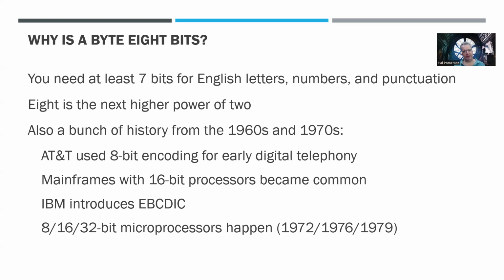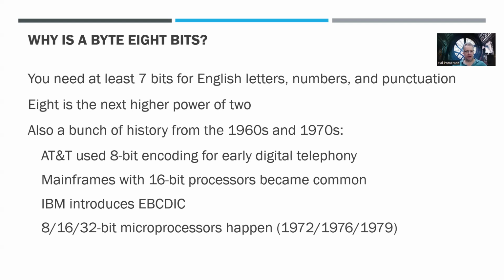The other thing that happened in the 1960s is that mainframes, 16-bit mainframes became very common. IBM, DEC, all of these different mainframe companies seem to have standardized on 16-bit processors. Also, IBM in the 1960s introduced their character encoding EBCDIC, which I mentioned earlier, extended binary coded decimal information coding.